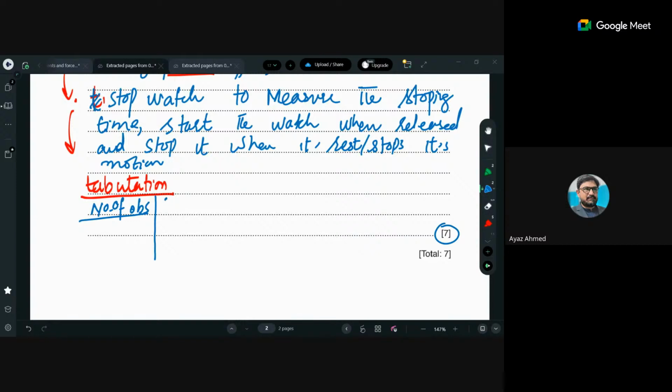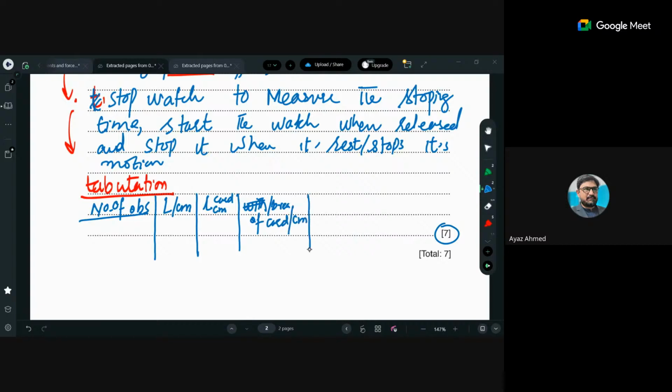For example, length of rod, length of your card, you can mention that. Breadth of card in centimeter.